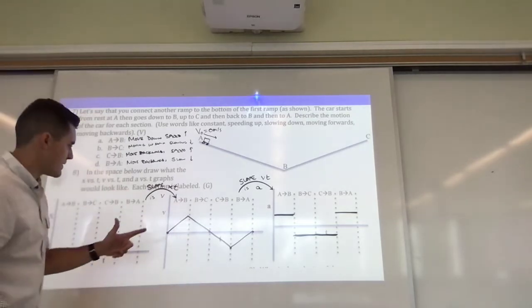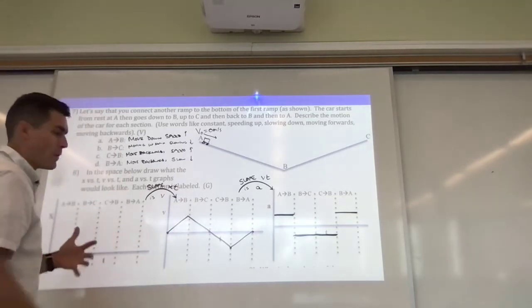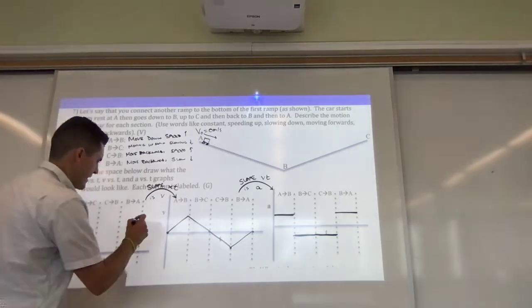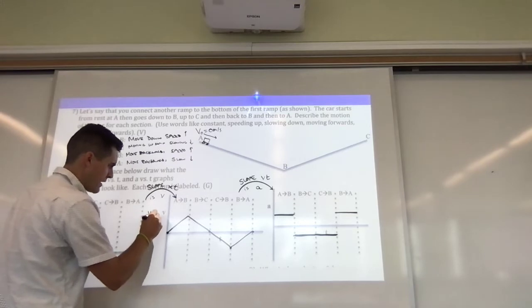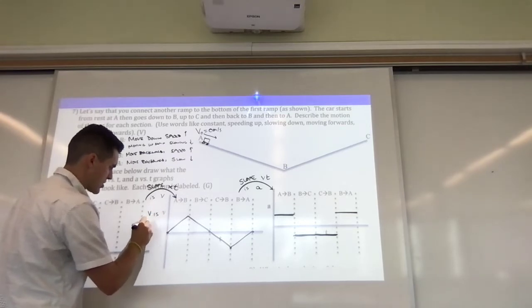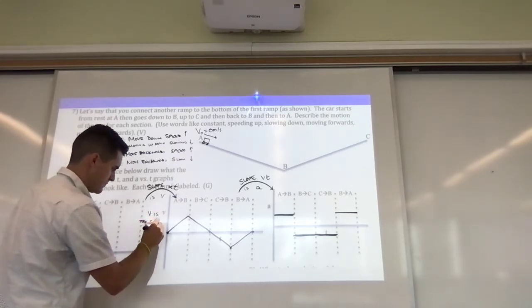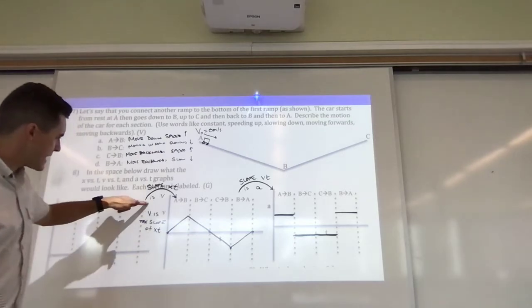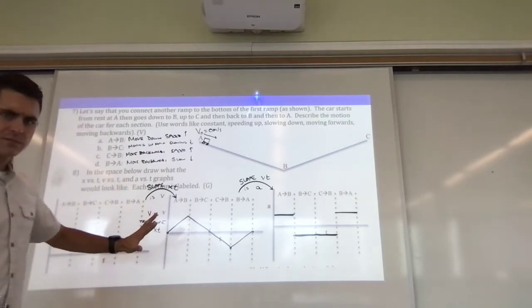So velocity is the slope of position and time. It's the same statement, I just flipped it around.